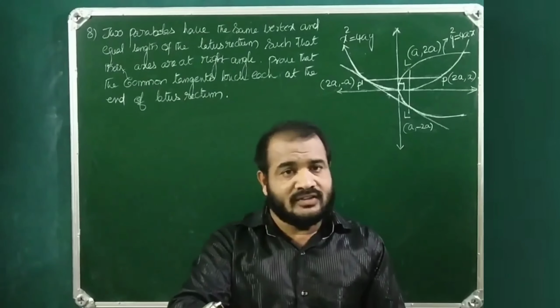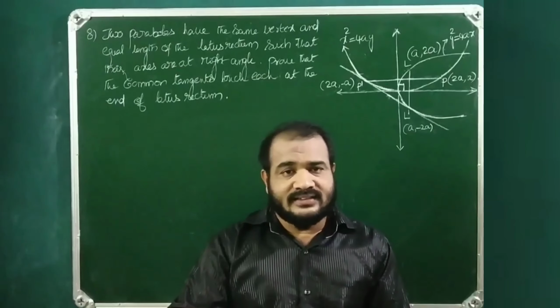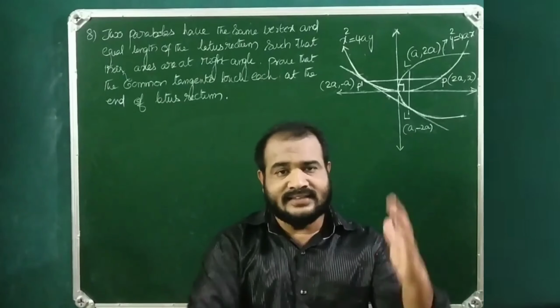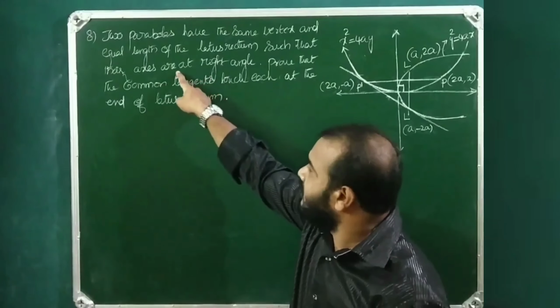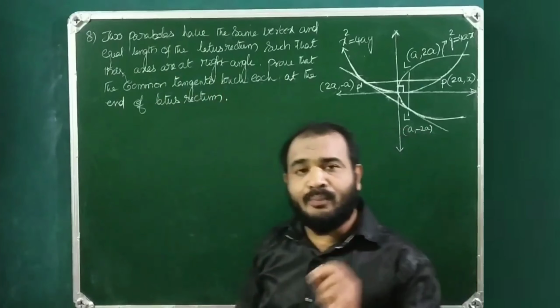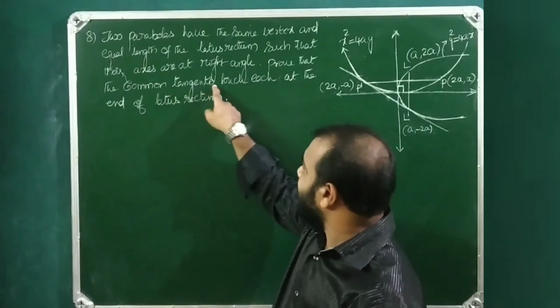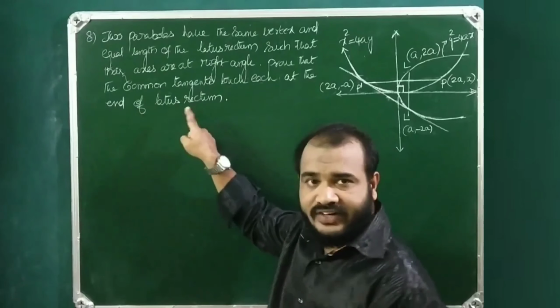And for x square equals to 4ay parabola, the principal axis is y-axis. And x-axis and y-axis are perpendicular. Hence it is given axes are at right angle. So we need to prove that the common tangents touch each at the end of the latus rectum.